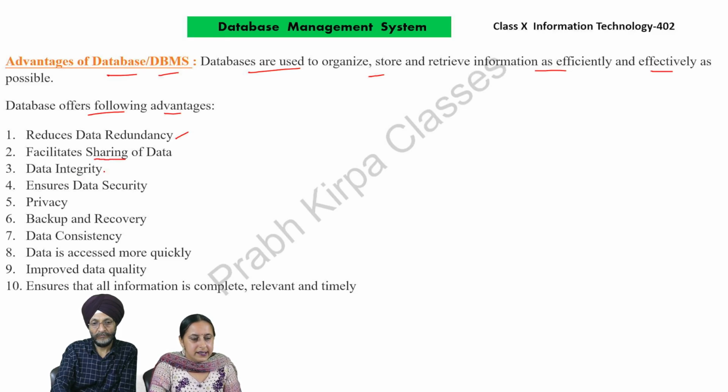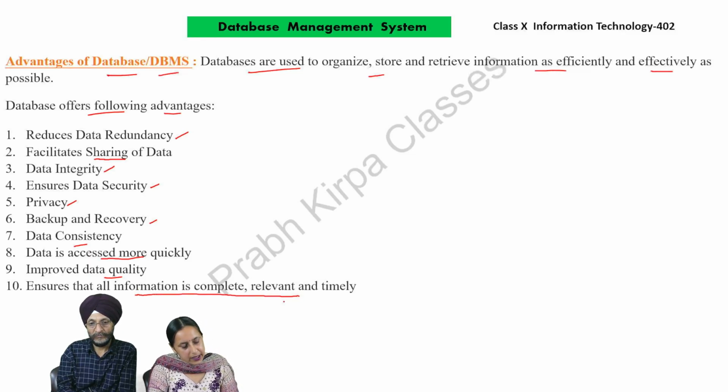Third, data integrity. Fourth, ensures data security. Fifth, privacy. Sixth, backup and recovery. Seventh, data consistency. Eighth, data is accessed more quickly. Ninth, improved data quality. Tenth, ensures that all information is complete, relevant, and timely.